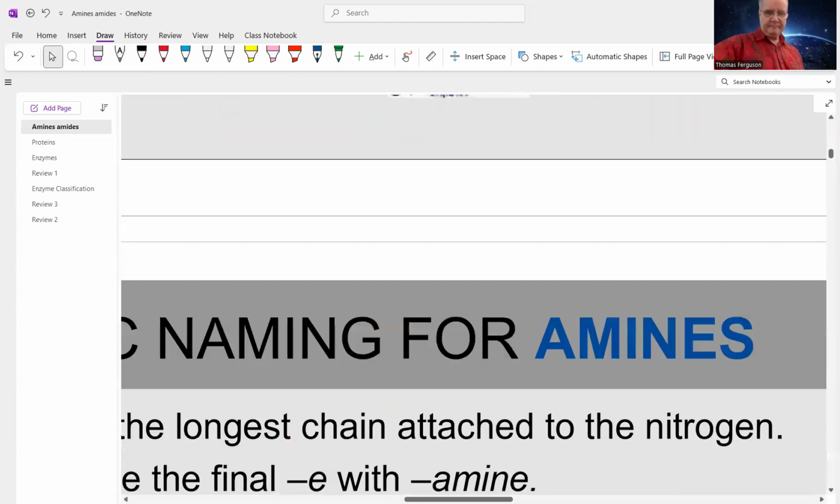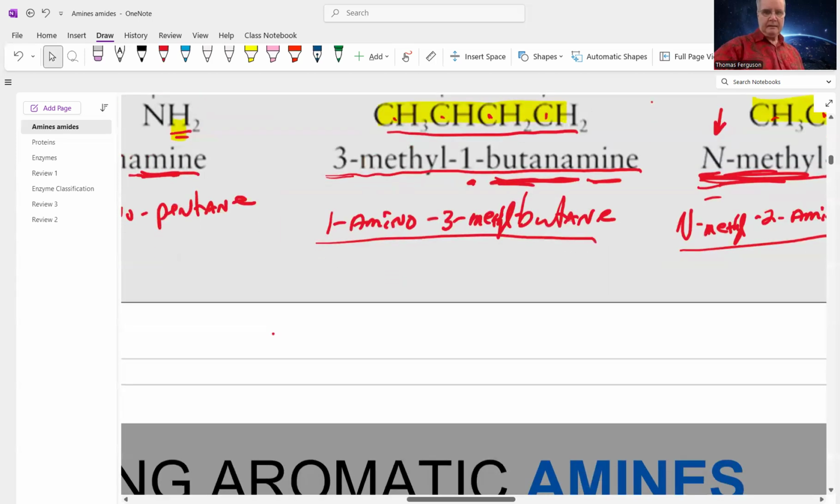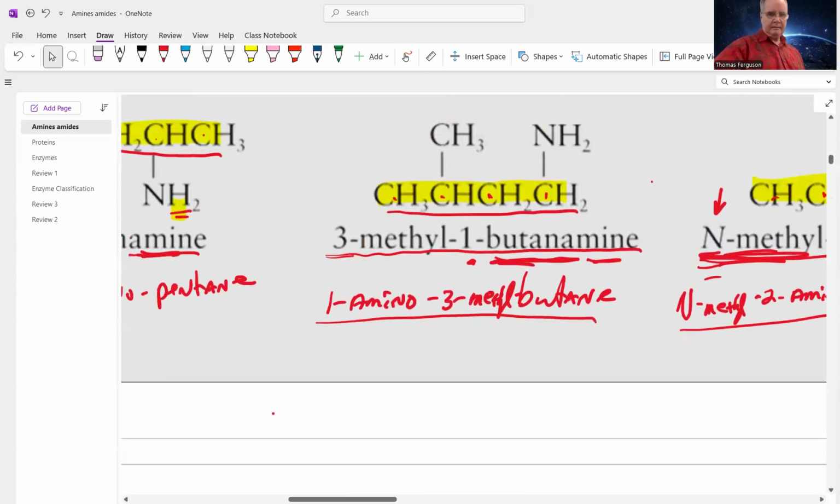Here, the main molecule is an amine. There's nothing else to call it, alcohol or acid or anything like that. It's just an amine. So the functional group is going to be on the main backbone, which is the 4-carbon backbone here.